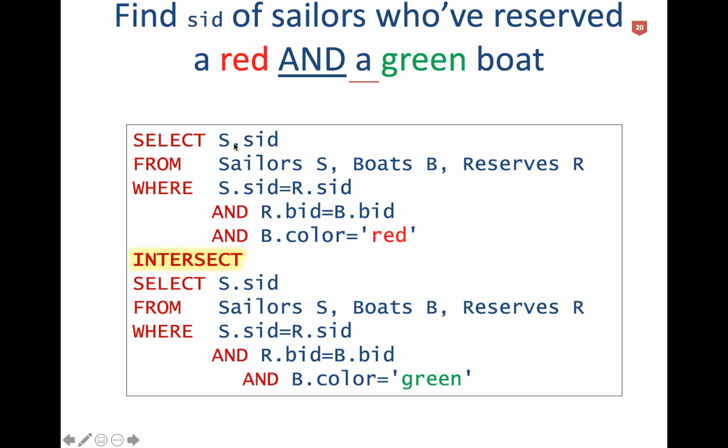In this case, the relation that will be output is only the SID of those who reserved the red boat. So the result here is a table of SIDs, and here also a table of SIDs, and we are going to get only the result of both, which is the SID that appeared here and here. That's the INTERSECT. Okay, and that's how you resolve the problem with AND.